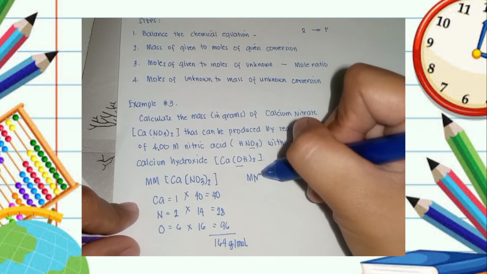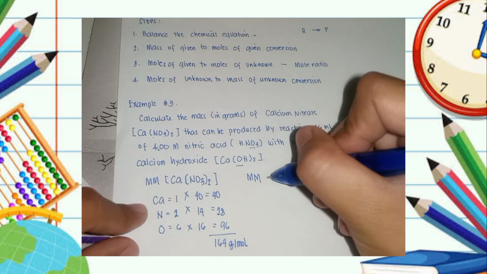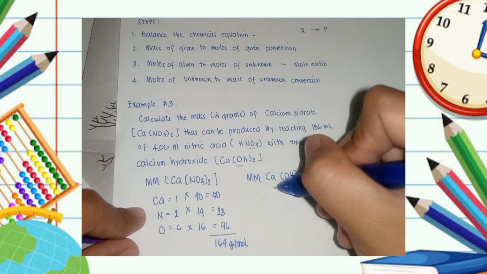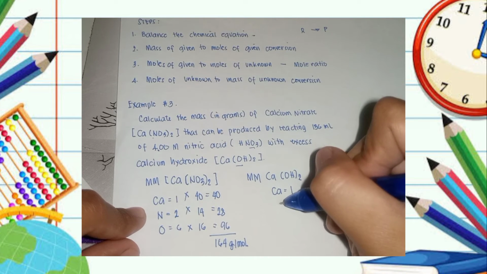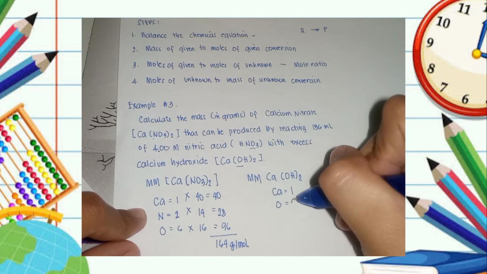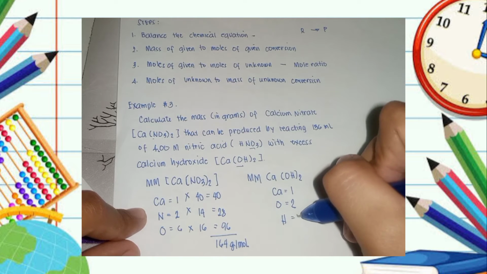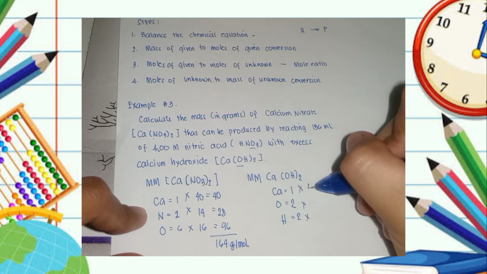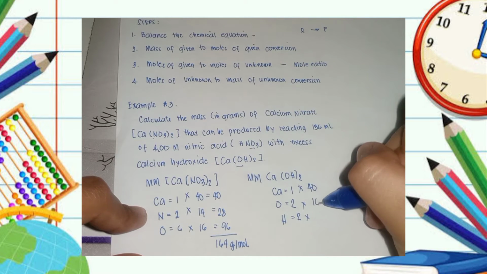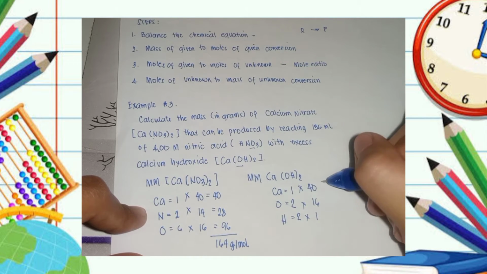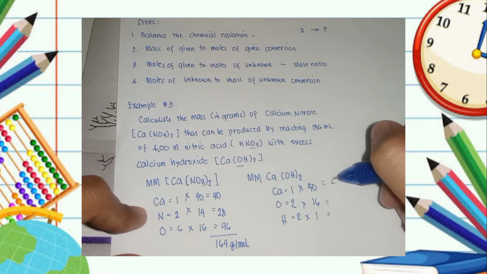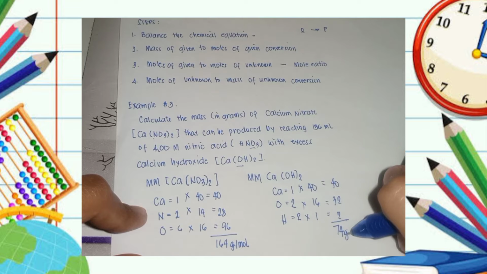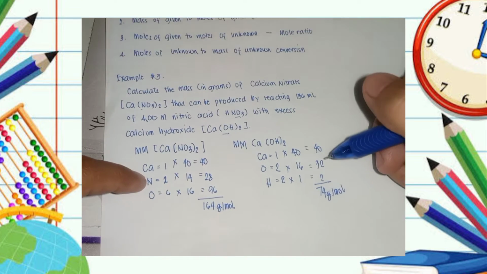Next, the molar mass of calcium hydroxide, Ca(OH)2: calcium 1, oxygen 2, hydrogen 2. From the periodic table, the mass of calcium is 40, oxygen is 16, hydrogen is 1, which is equal to 40, 32, 2, or 74 grams per mole.